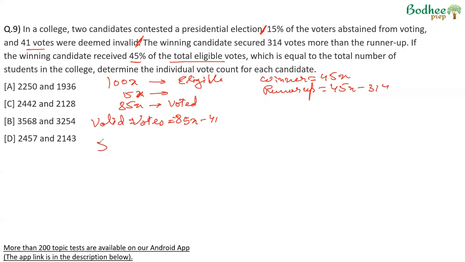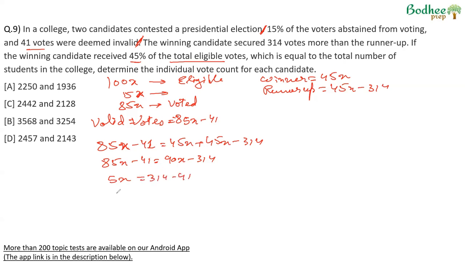Now the total number of valid votes, 85x minus 41, will be the sum of votes that the winner and the runner-up get. So this should be equal to 45x plus 45x minus 314. 45 plus 45 is 90x. So 85x minus 41 should be equal to 90x minus 314, which means 5x is equal to 314 minus 41, which means 5x is equal to 273.